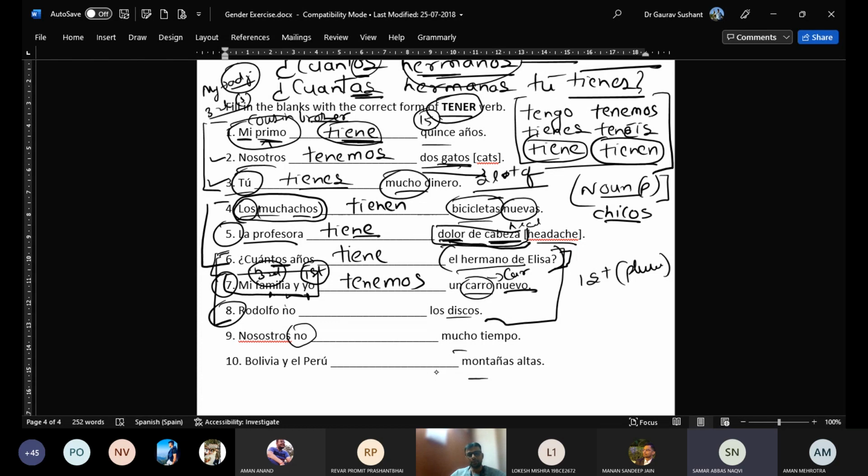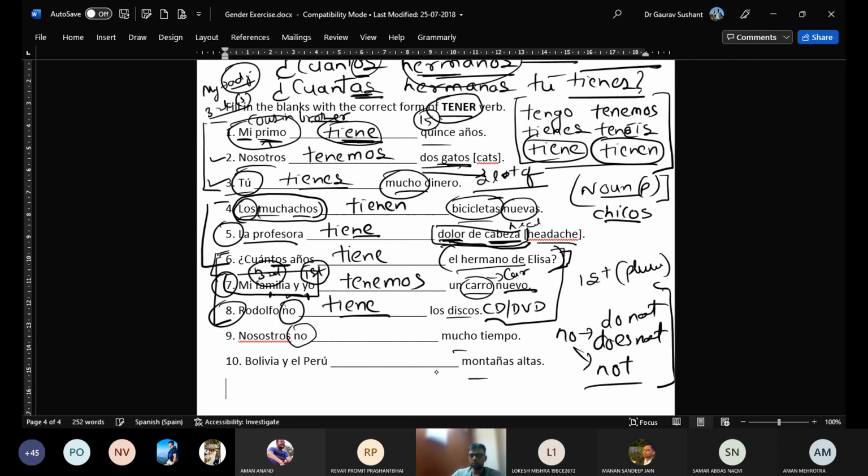Number 8, can you try? Rodolfo no tiene los discos. Tiene, yes. So discos are CDs or discs, DVDs. Basically it is referring to CDs, DVDs. So here it is a negative. So no is like what in Spanish? It refers to do not as well as does not and the word not, according to the situation.